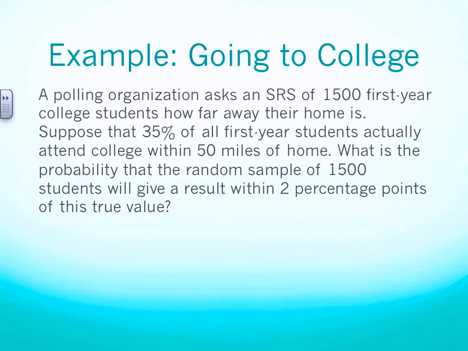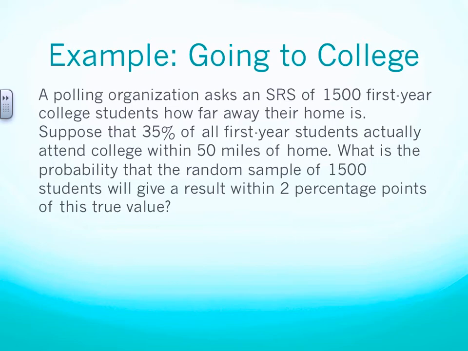A polling organization asks an SRS of 1,500 first-year college students how far away their home is. Suppose that 35% of all first-year students actually attend college within 50 miles of home. What is the probability that the random sample of 1,500 students will give you a result within 2 percentage points of this true value?